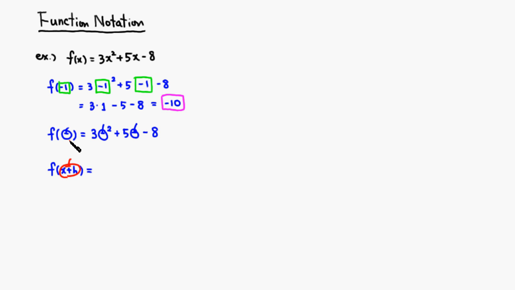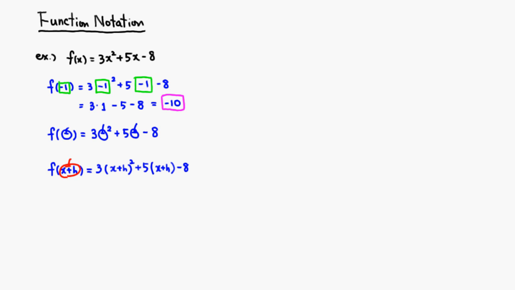Every time you see x in the formula, we put an apple there. So you have 3, I see x, so we put x plus h, squared, plus 5, and I see x, we put x plus h, and the minus 8.